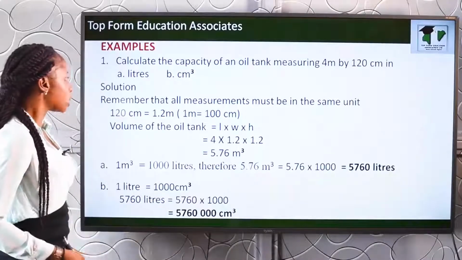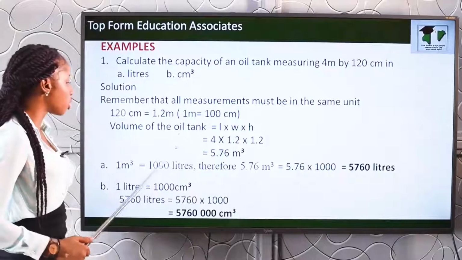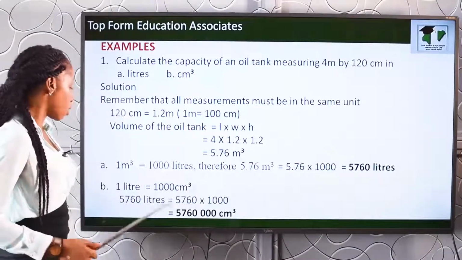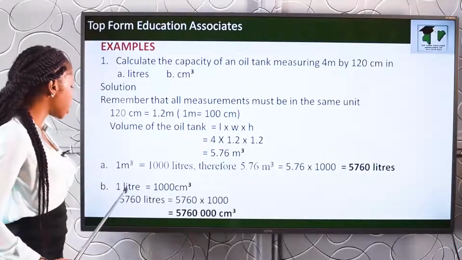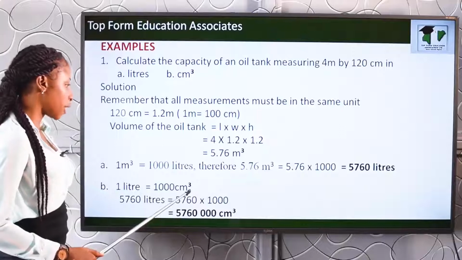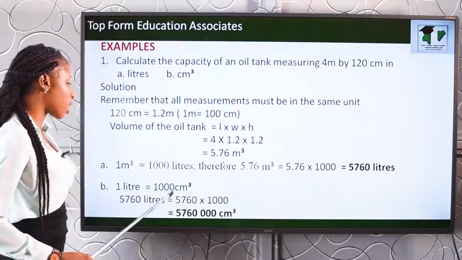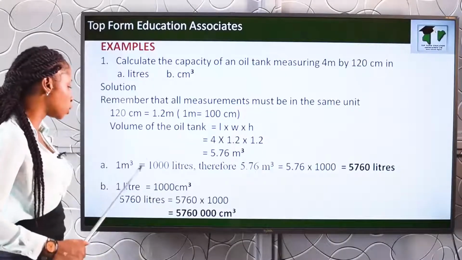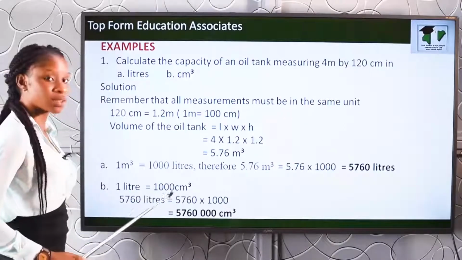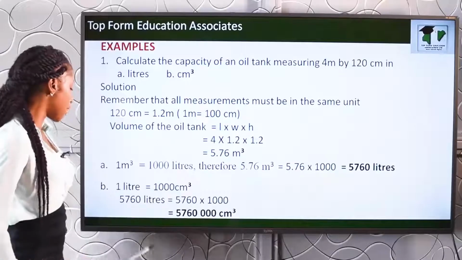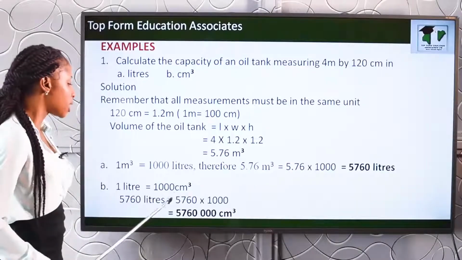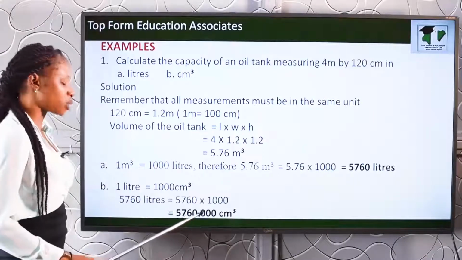So the capacity of this oil tank is 5,760 liters. Now we also have to find the capacity of this oil tank in centimeters cubed. We said 1 meter cubed is 1,000 liters, while 1 liter is 1,000 centimeters cubed. So 5,760 liters will be multiplied by 1,000.